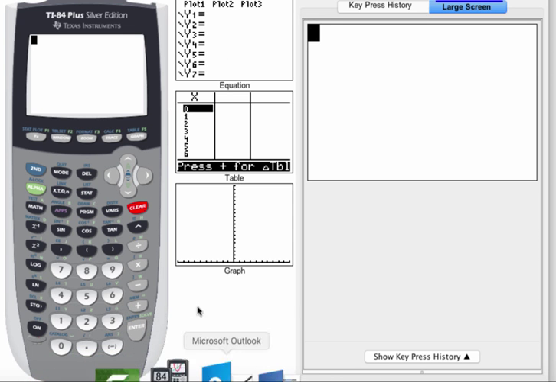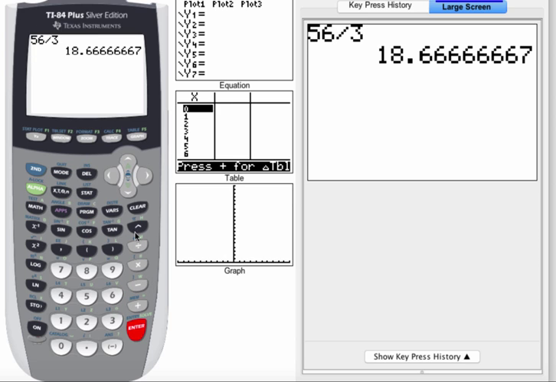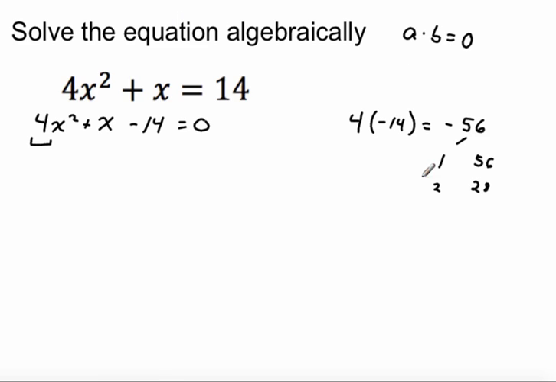I'll use my calculator. So 56 divided by 3 does not, actually. Now, I want to show you a fast way to find these factors, because when you start doing these AC method questions, with a number like 56 maybe it's manageable, but it can get big pretty fast because you're multiplying a number times another number.